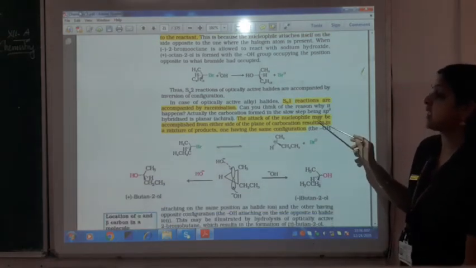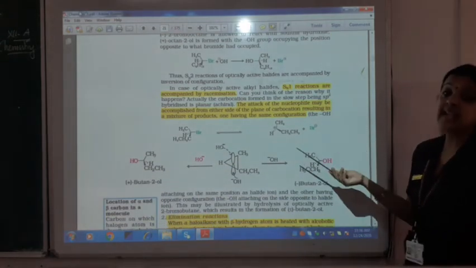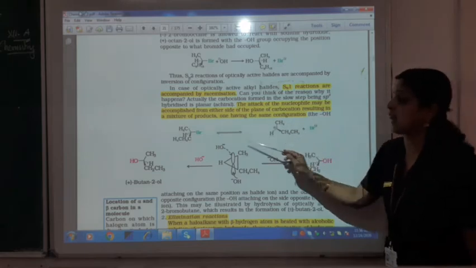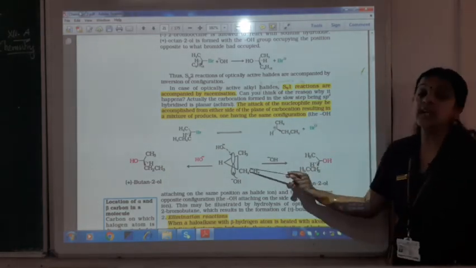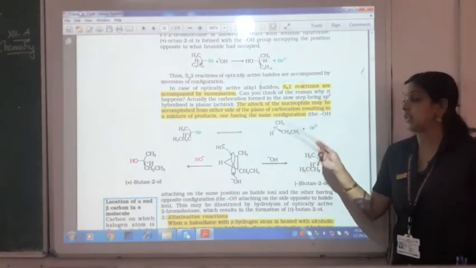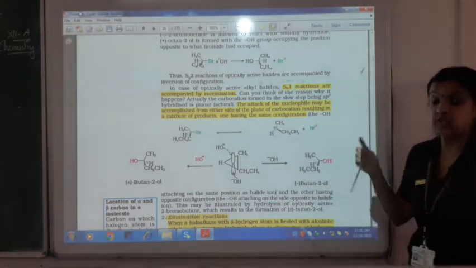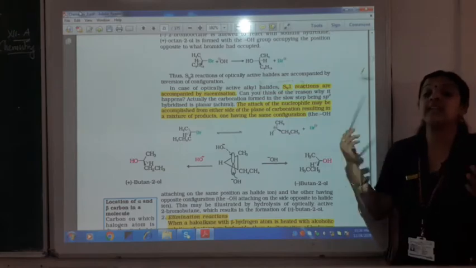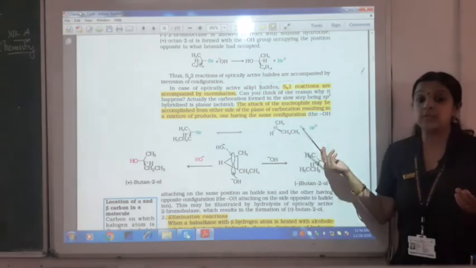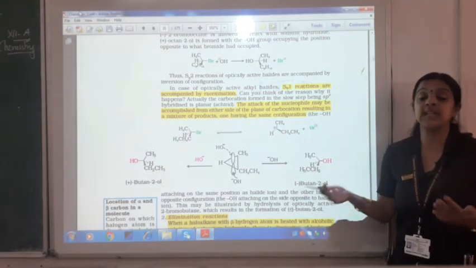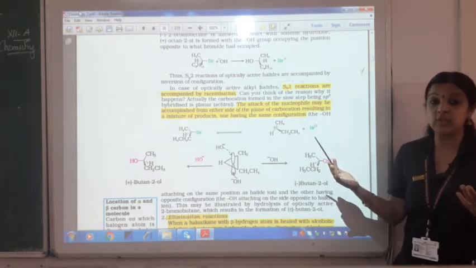But what is happening in SN1? It can attack from any side. Now assume that if it attacks at the front side, you get a retention in configuration. If it attacks at the back side, you get an inversion in the configuration. So this can even be a racemized product. So in SN1 you cannot say it is always a retention in configuration.